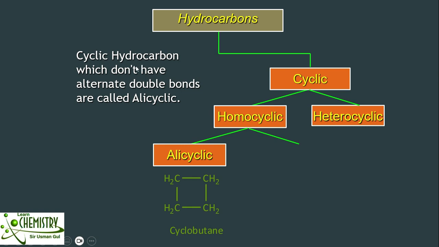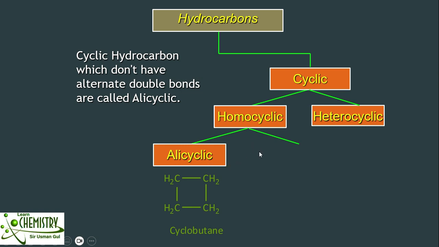The cyclic hydrocarbons which don't have alternate double bonds are called alicyclic. Right now I'm showing an example having all single bonds. I can also call this one a cycloalkane because all the carbon-carbon bonds are single bonds, but initially you can say this is the best example for alicyclic.